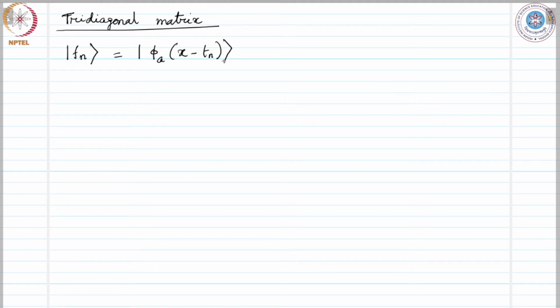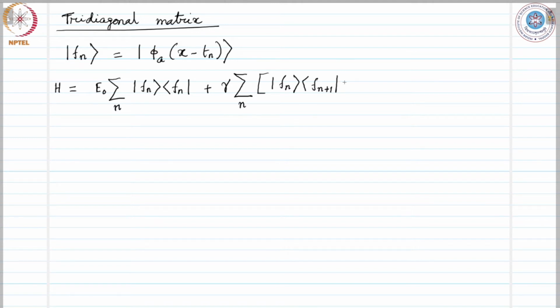So, if we have this kind of basis elements, then the Hamiltonian operator can be expressed in terms of these basis elements as E naught sum over n, all the diagonal elements of the operator, Fn Fn, plus gamma sum over n, the off diagonal parts, Fn Fn plus 1 plus Fn plus 1 Fn.